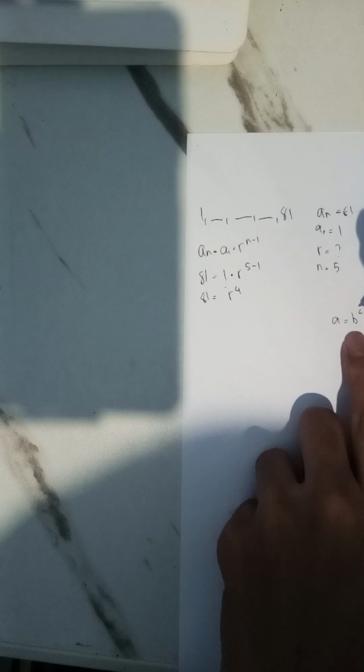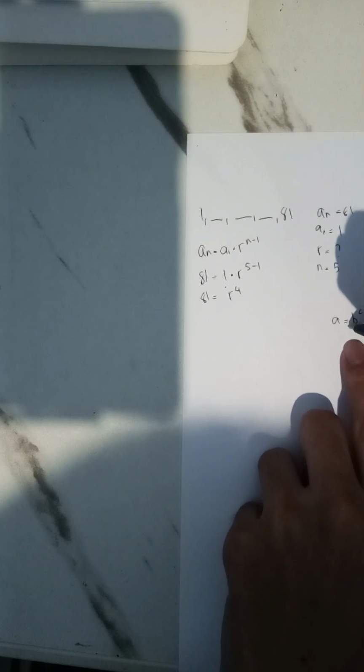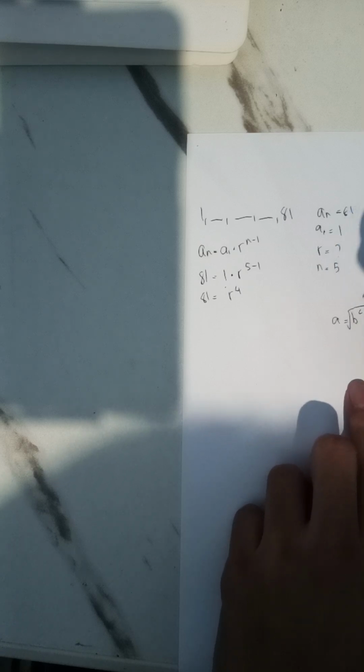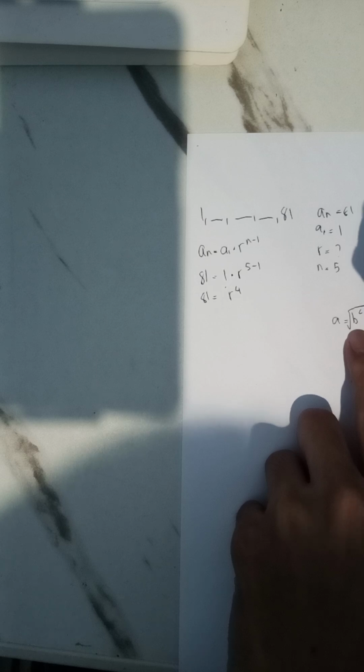So, how can we get the value of r if we are given this? Remember that if we have A equals B raised to C, in order to isolate B, we need to cancel C. To cancel C, we get the root of C, where the root corresponds to the exponent.